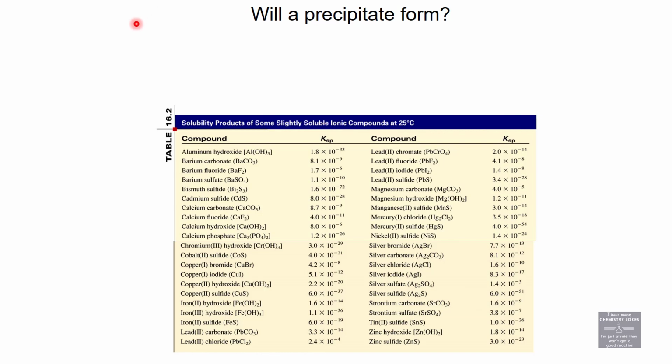Okay, moving on. If we work on relating this new Ksp stuff to some old information that we have, we try to answer the question: will a precipitate form? If we are given ions and asked, do you get a solid when you put those ions together, we can calculate Q for the given reaction to determine if a precipitate forms or not.